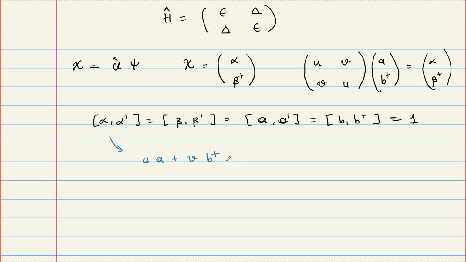So this is alpha, and alpha dagger is exactly the same thing, but with dagger. Using the commutation relations, this is dagger, this is b, and alpha dagger alpha is 1 u squared, beta dagger beta is minus 1 v squared, and anything else is 0 here. Then I have u square minus v square equals 1. So let's write that u square minus v square should be 1.